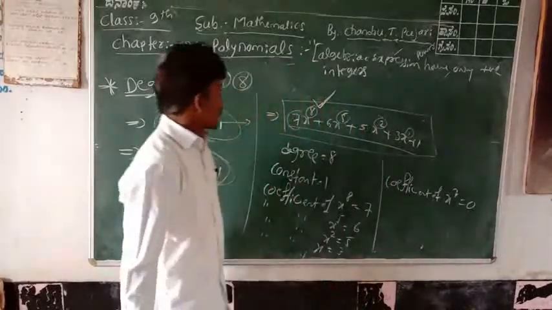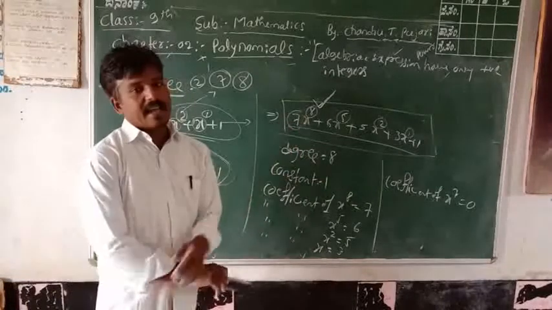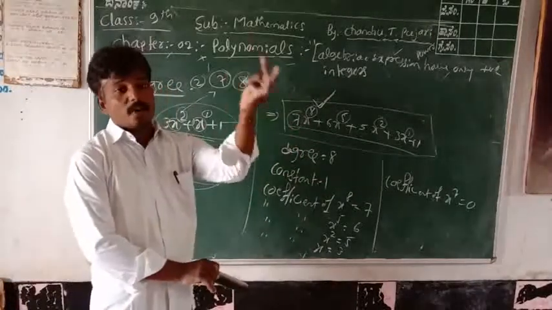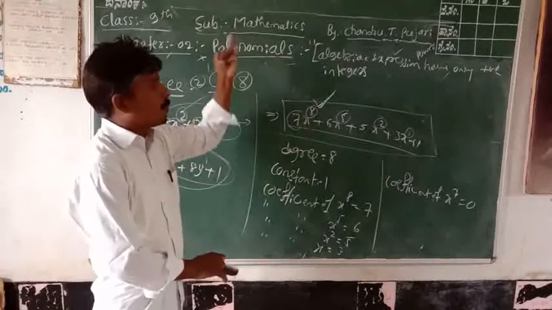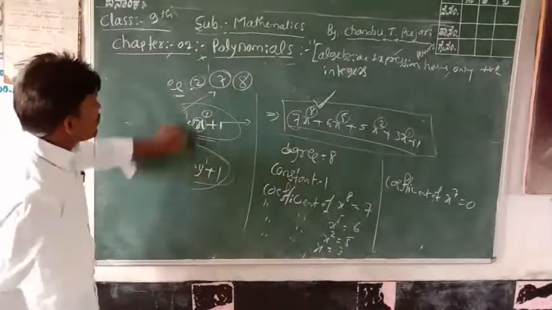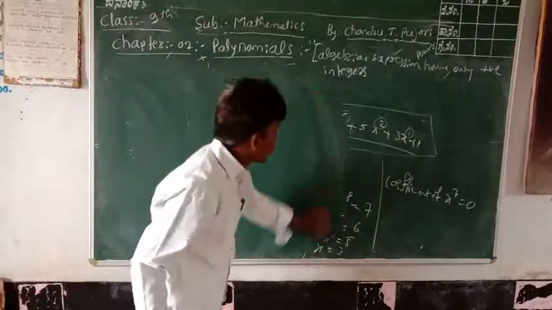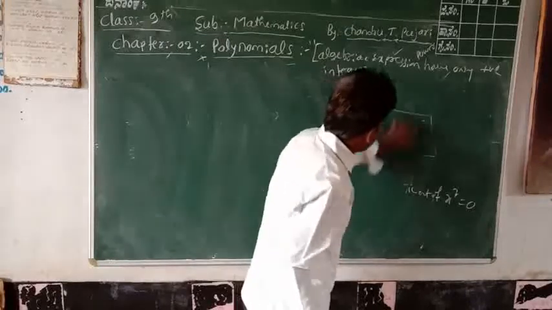Got it? You can study, in algebraic expressions, the terms: monomial, binomial, trinomial, and also polynomial. And also you can study which one is not an algebraic expression, or otherwise which one is a polynomial.